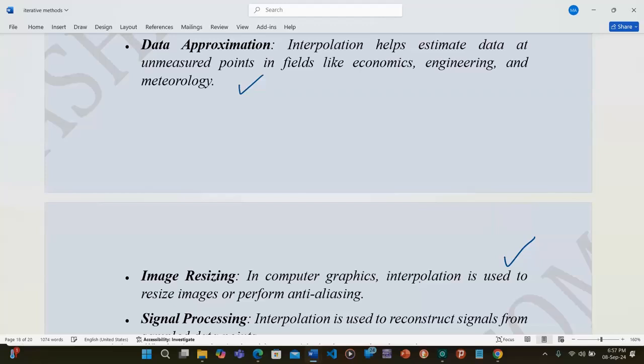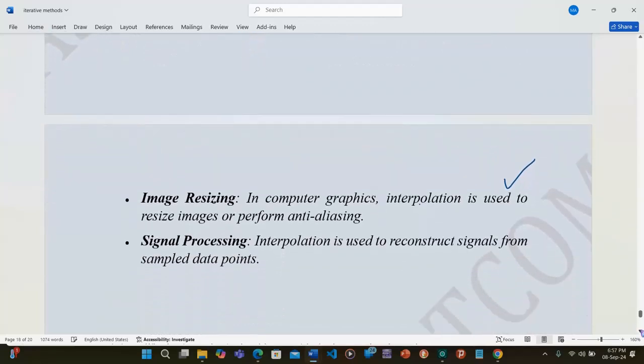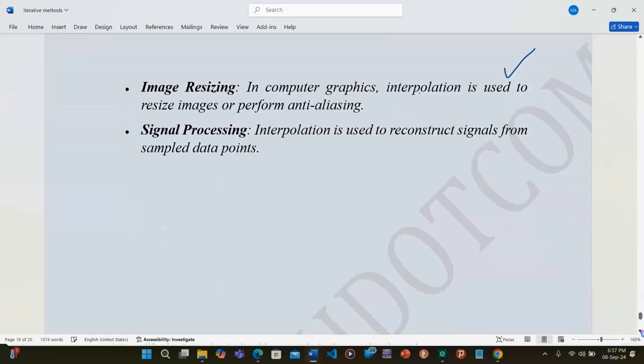We also use it in signal processing to reconstruct signals from sampled data points. Those doing electrical engineering do more of signal processing, so when you proceed to an advanced stage, you will be able to reconstruct signals from sampled data points.